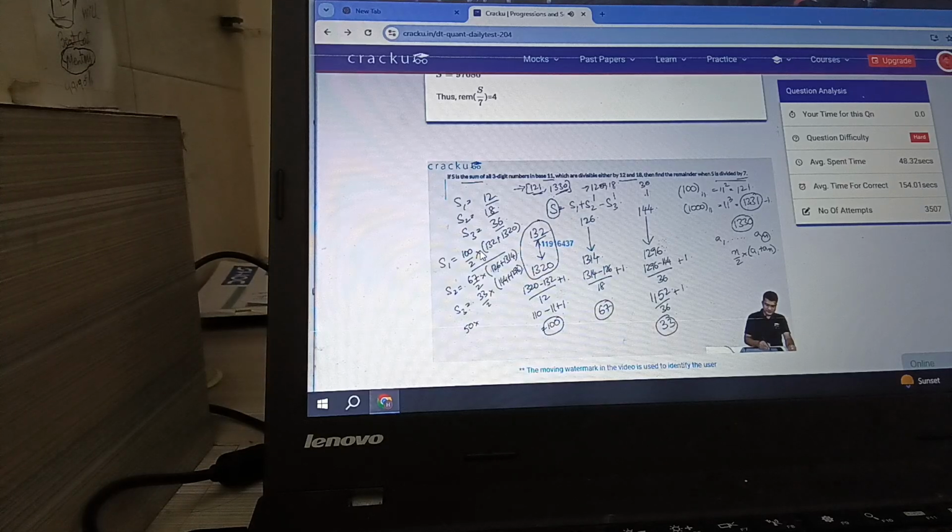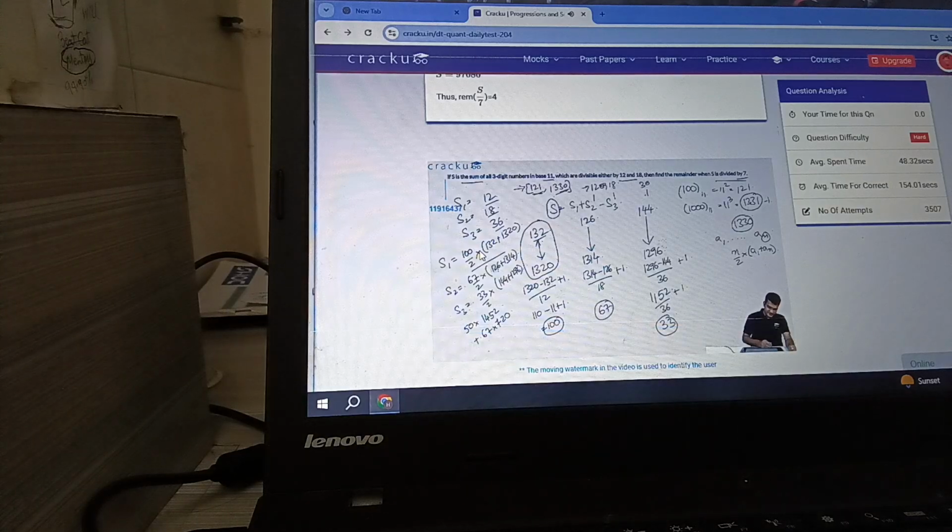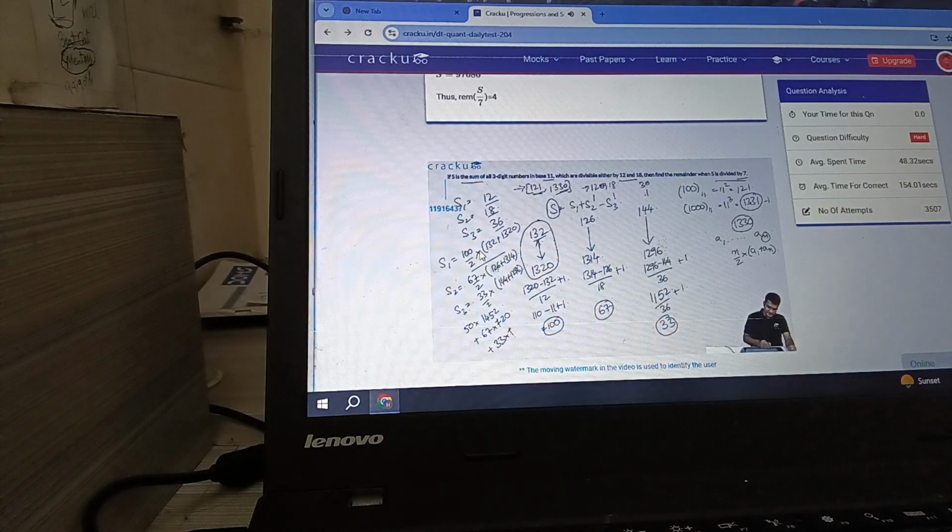What is 132 plus 1320? That is equal to 1452. And what is the value of S2? It is 67 by 2 into (126 plus 1314). That is 1440 divided by 2, which is 720. So this is 67 into 720. Similarly, the next number will be equal to 33 into 720, and this will be subtracted. So S1 is 50 into 1452, S2 is 67 into 720, and S3 is 33 into 720.